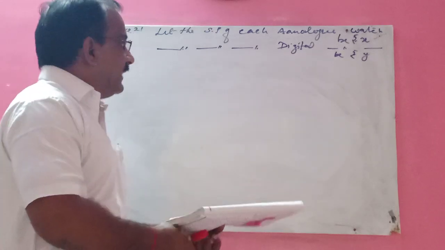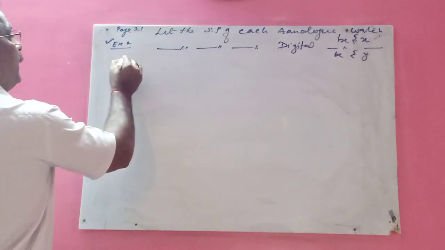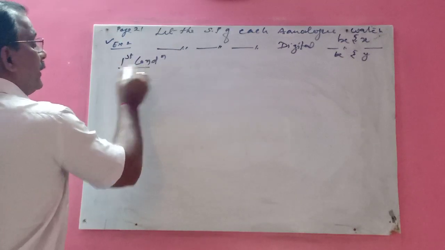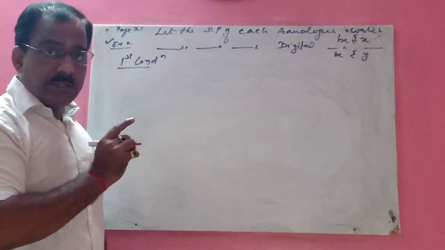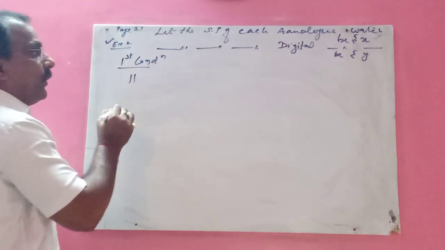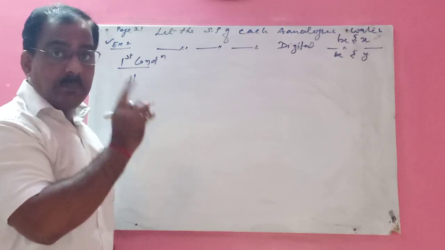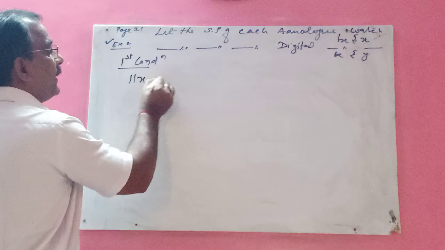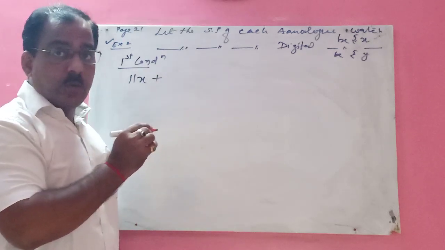Got it? First day, how many analog watches were sold? 11. So as per the first condition, total 11 analog watches were sold on the first day. So how much amount will the shopkeeper get from analog watches? 11 multiplied by X, that is 11X, plus how many digital watches? 6.